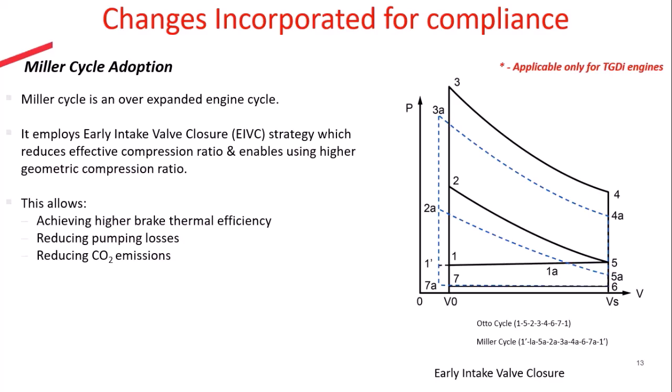At 1A the intake valve closes and the piston is still going down, reaching the BDC, that is up to 5A. Whatever air was sucked inside is trapped in the combustion chamber.